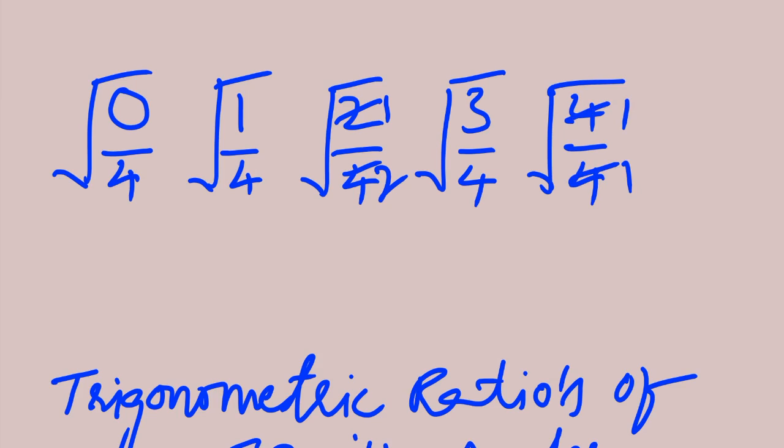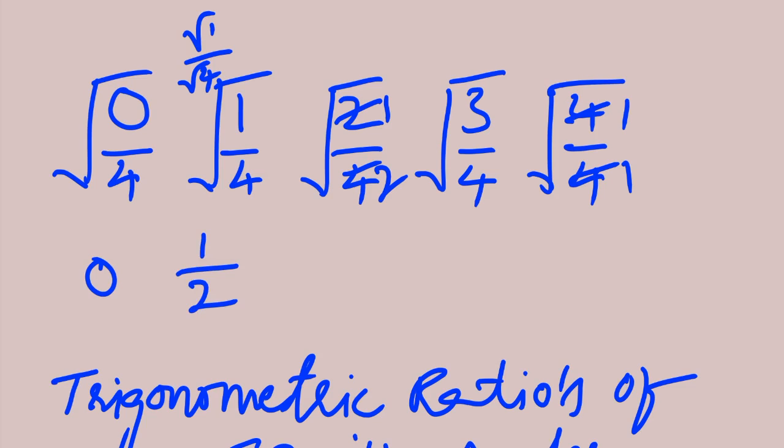Now simplify it. Simplify means 0 by 4 value how much? 0 by 4 is 0 only. So root 0 value how much? 0. First thing. And second thing, here we can apply root for numerator and denominator. This we can write as root 1 by root 4. Root 1 value is 1 only, but here root 4 value is 2. So 1 by 2 finally.